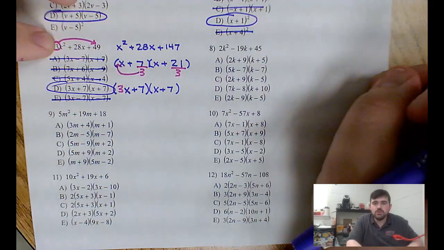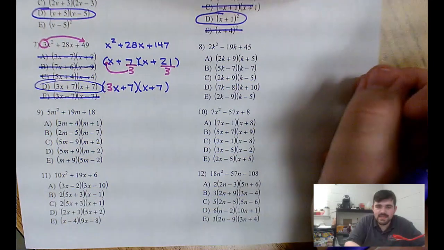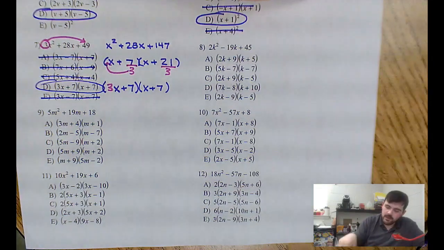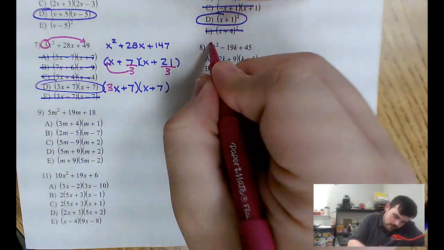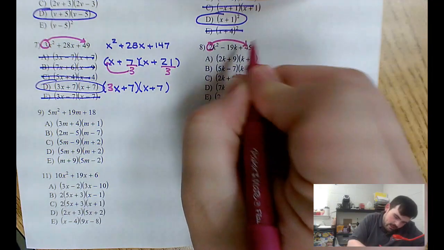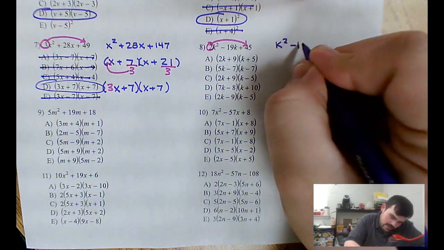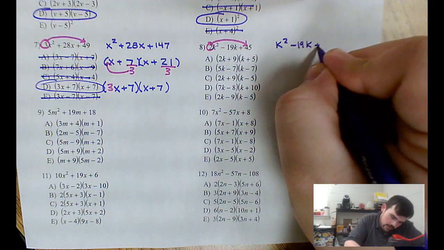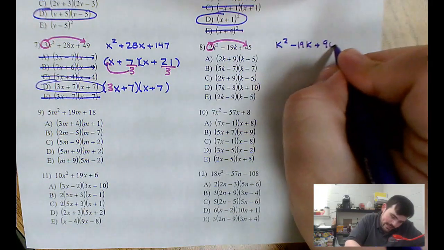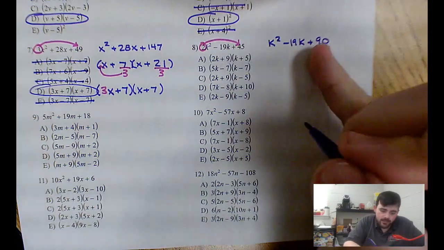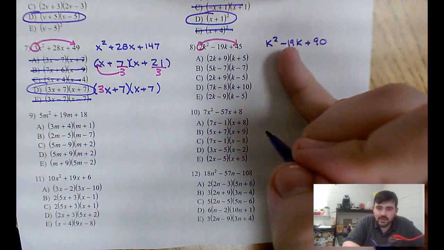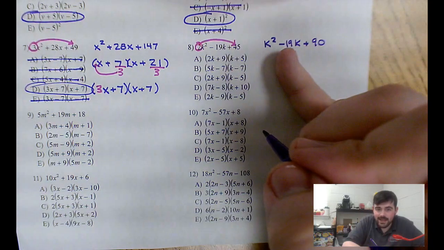Number 8, 2k squared minus 19k plus 45. There is no GCF here, so take 2 and slide it to the back. K squared minus 19k plus 2 times 45 is 90. Now, they multiply to a positive and add to a negative, so they both have to be negative.